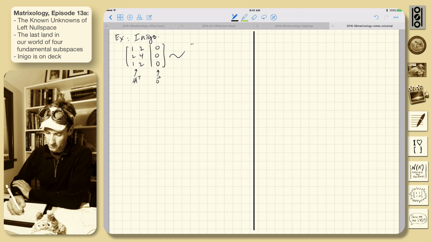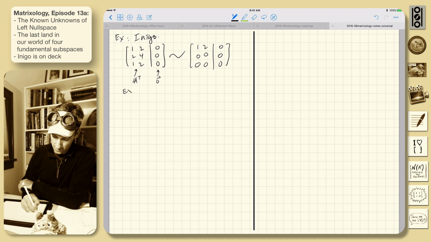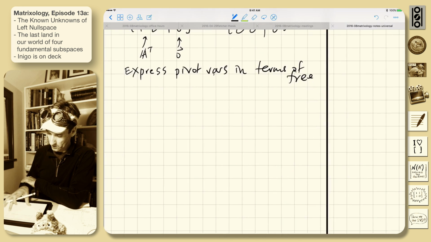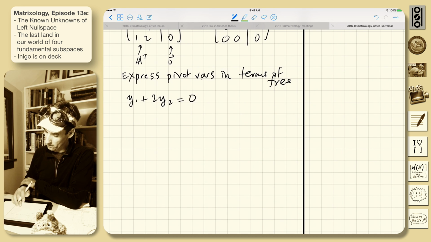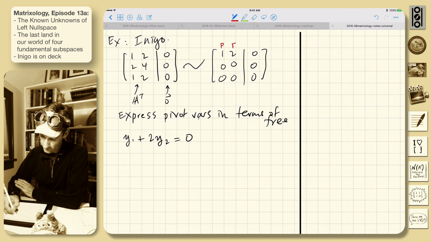So the other two rows disappear because they're just multiples of the first. Same plan as always, express pivot variables in terms of free. So the first equation is all that's left: y1 plus 2 times y2 equals 0. So this is pivot, this is free.